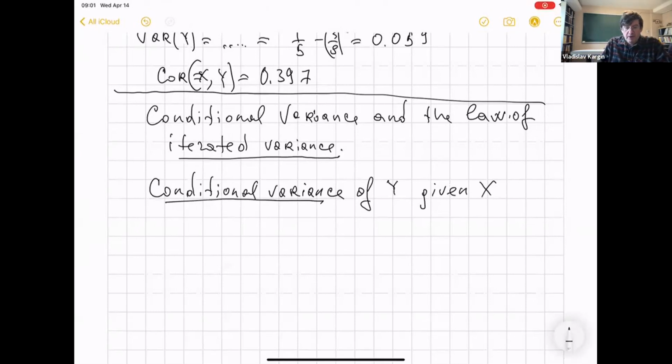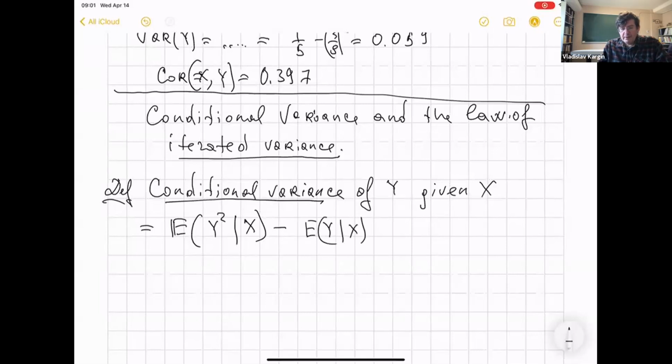So by definition, it's equal to the expectation of y squared given x, minus the expectation of y given x, all this squared.